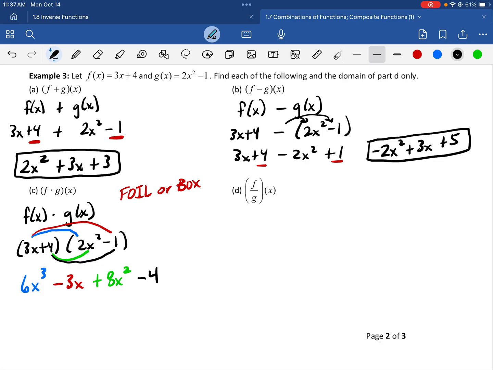None of these are like terms, so I can't combine any of them together. But what I can do is reorder it so that it's in standard form, going from the highest exponent down to the lowest exponent. So that would be 6x cubed followed by 8x squared minus 3x minus 4.